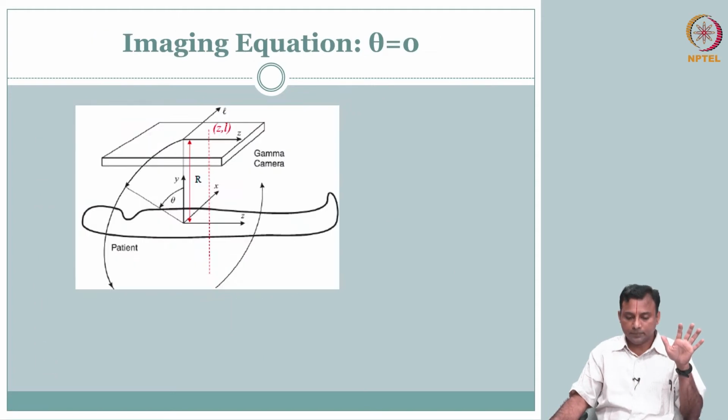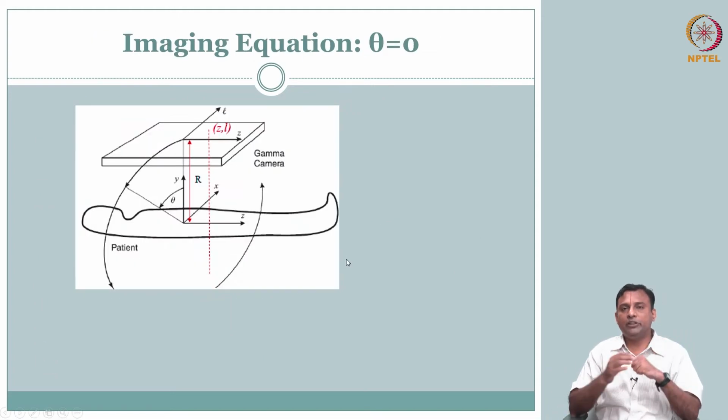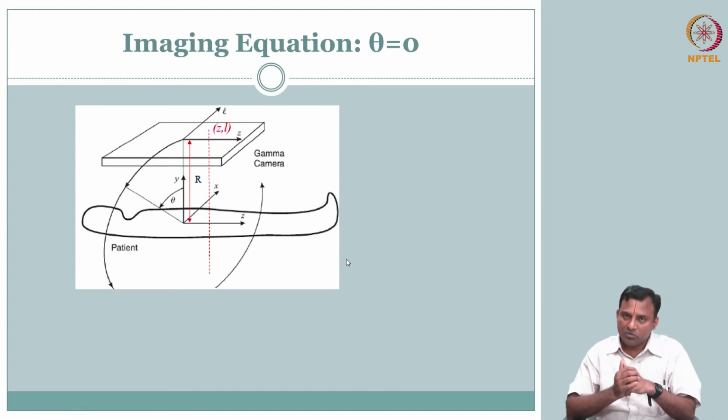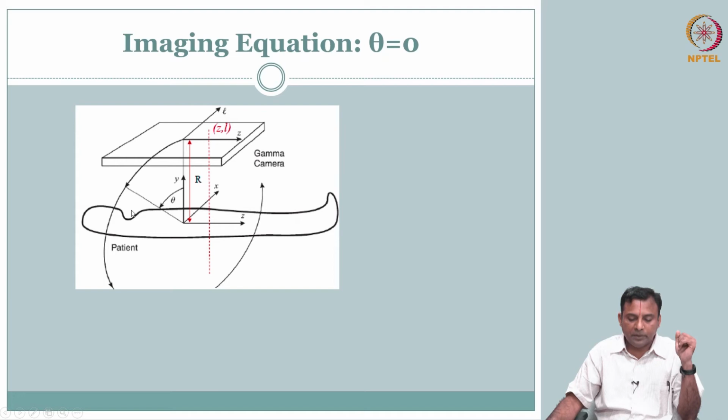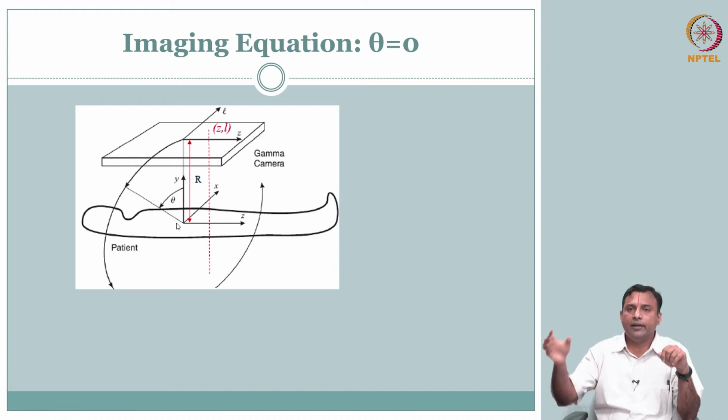Now let us get to our imaging. So given this instrumentation, you have detected. So where is the patient? Here is the patient. What do we want to see? Oh, we want to see tomography. So axial slices is what traditionally we are looking at. That means I have to first get my coordinate system correct. You will notice that in CT as well we did this coordinate system.